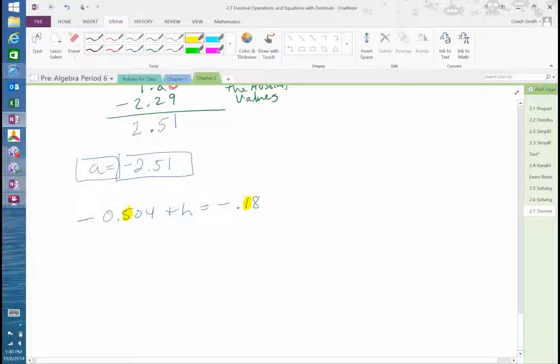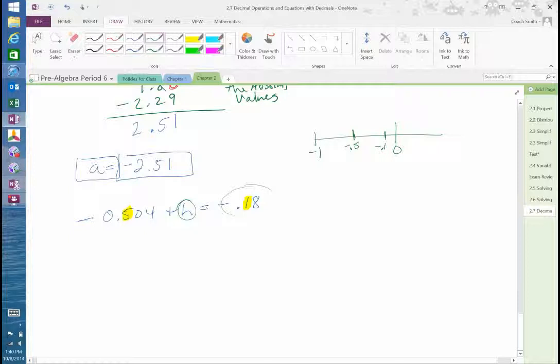So if I look at a number line, here's 0 and here's negative 1. Negative 0.5 is right there. Negative 0.1 would be right there. There's 0. So the number got larger when I added something to it.